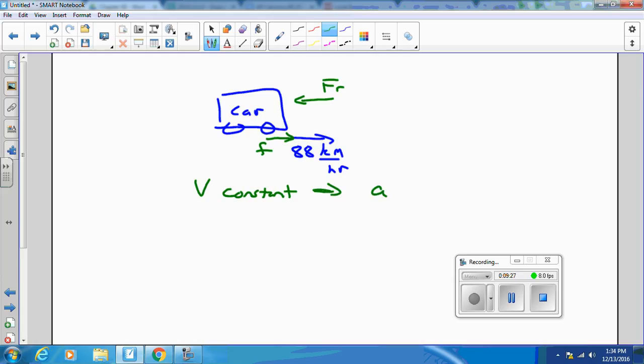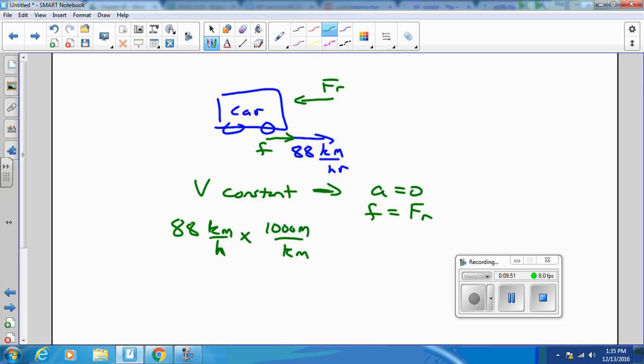So if the speed of the car is constant and it's traveling in a straight line, then that implies that the acceleration is 0, so that the net force on the car is 0, or the friction cancels the resistive force. Now, where does that leave us? Well, first of all, I probably want to write that 88 kilometers per hour in terms of meters per second.